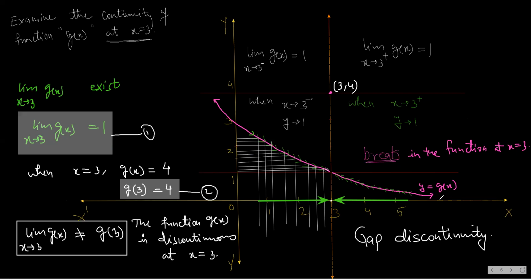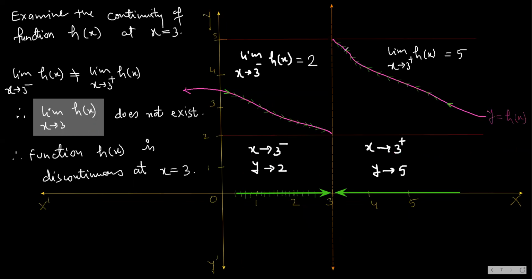And then the third one, where the function was discontinuous, is known as jump discontinuity. And remember, when there is a jump discontinuity, the limit of the function does not exist at the point of discussion.